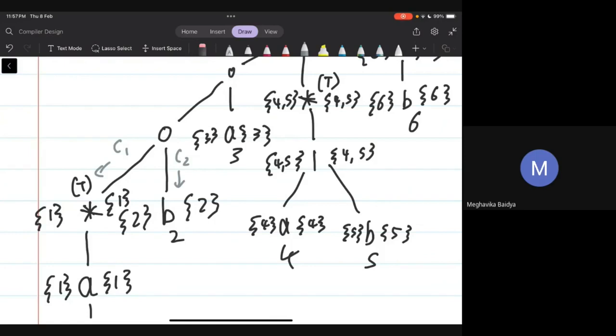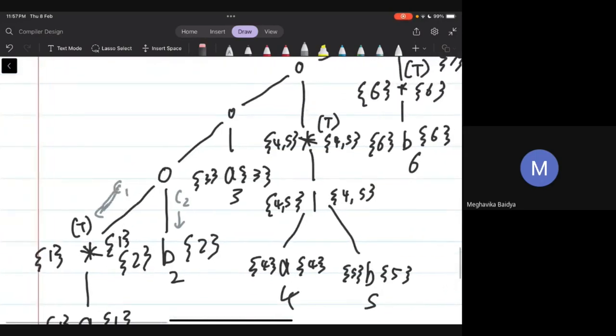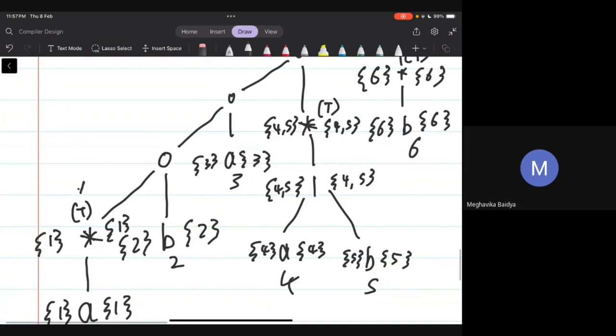And look, we are doing first pos right now, which is FP. If you check, the nullability of C1 is true. You have written it here. So what we are going to do, the first pos is going to be 1 comma 2, which is 1 from here union 2.